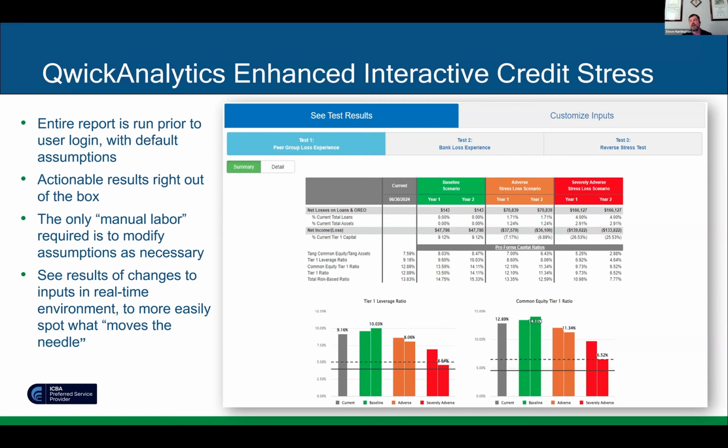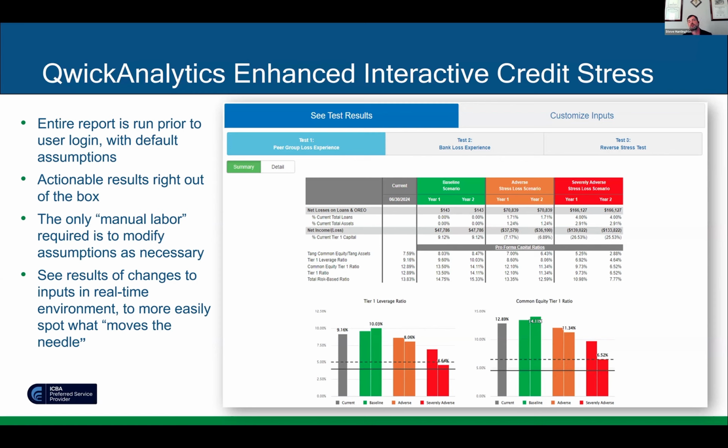Using our tool, every single time you change any input or any assumption, the entire tool recalculates on the fly, pretty much instantaneously in the background, which makes working with this tool and dialing in all your inputs and assumptions a lot quicker and more efficient.